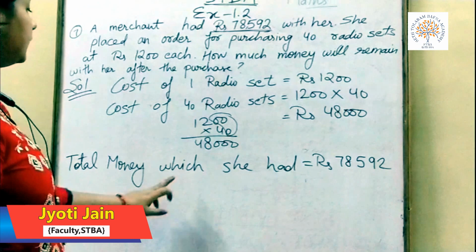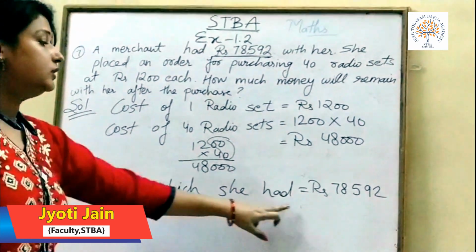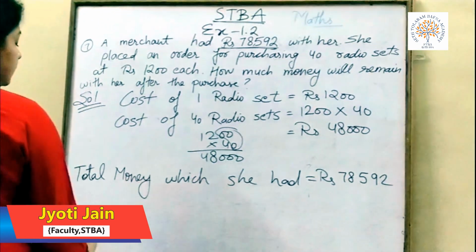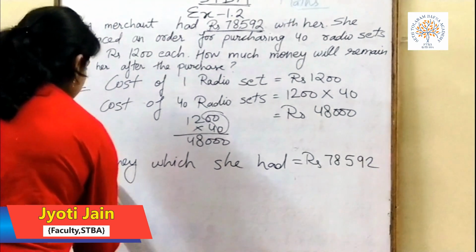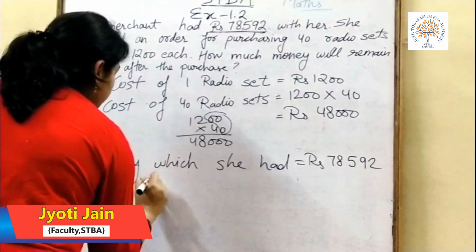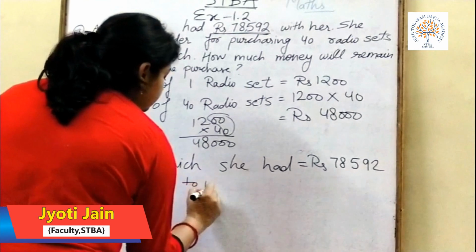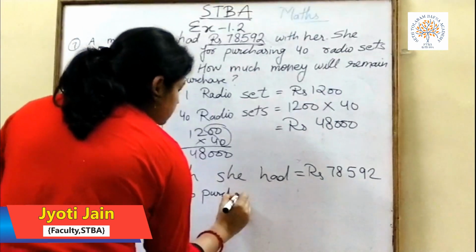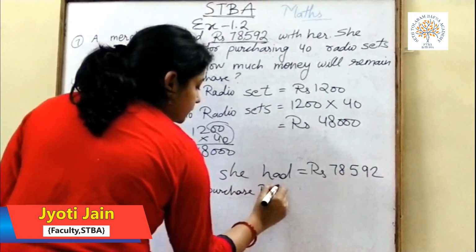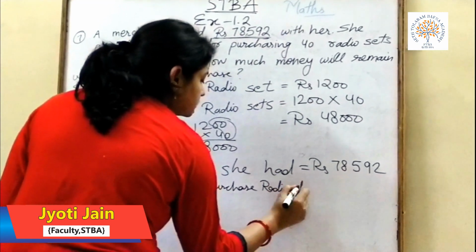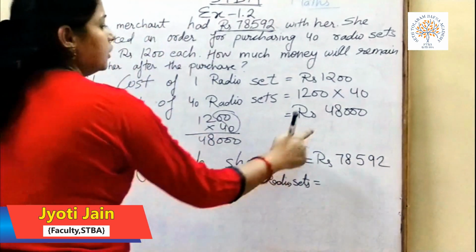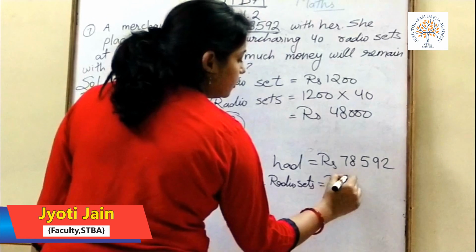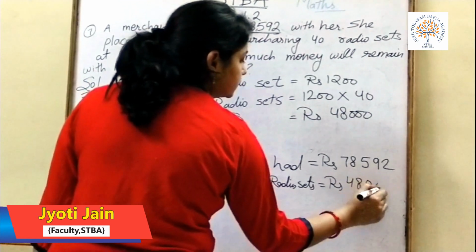Okay, in the starting she had this amount of money and used to purchase radio sets. How much? Rupees 48,000.